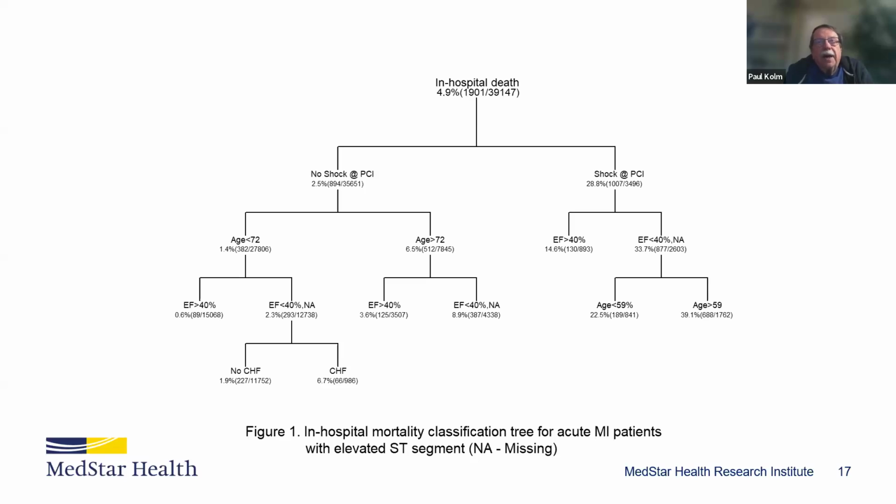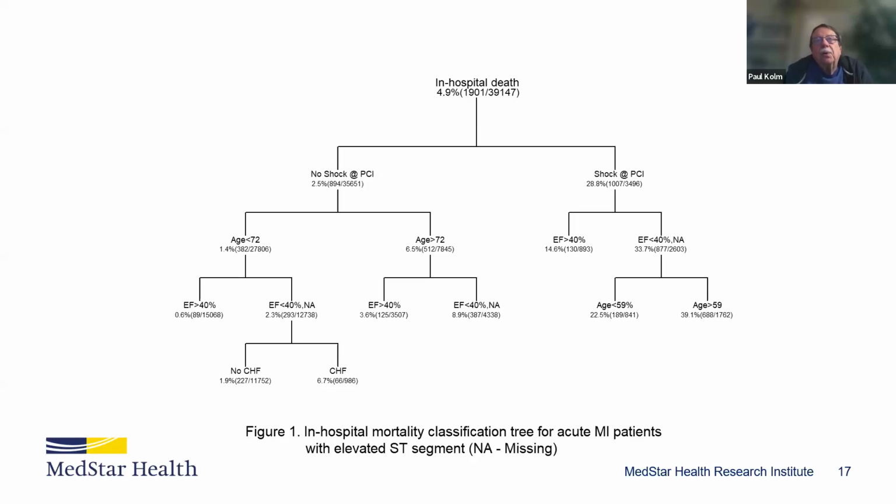So you can see that what we mean here by recursive partitioning is that we make the splits based on those variables that give us the biggest separation between patients.